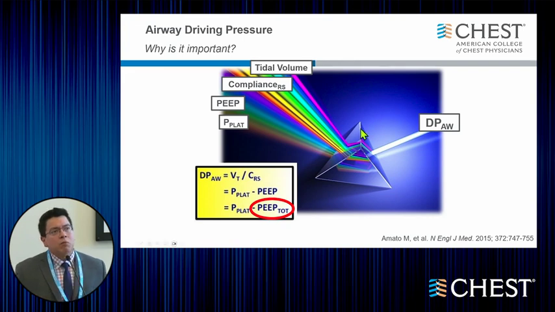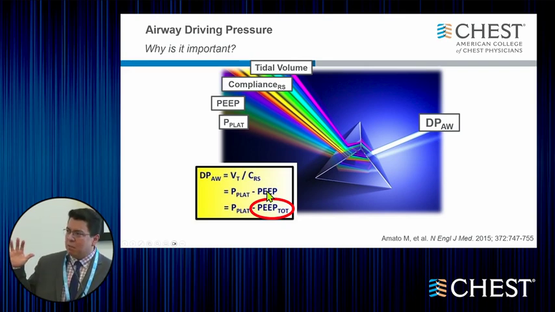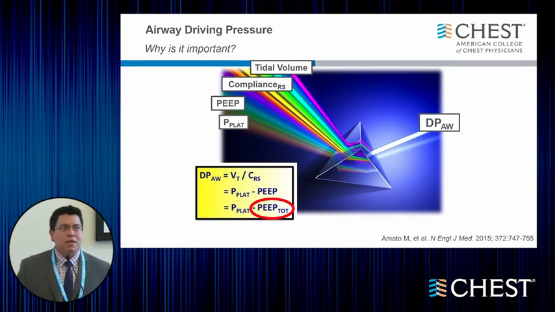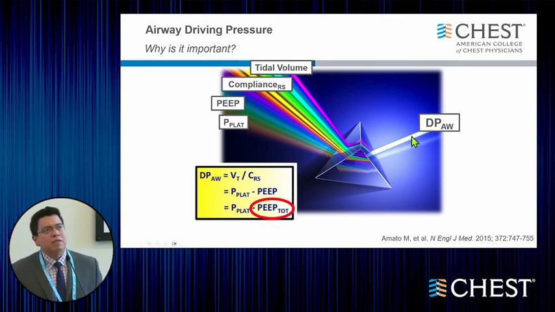And we know it at the bedside as plateau minus PEEP, but really what is behind it is a very significant amount of physiology. So the driving pressure is really integrating all the things that we pay attention to at the bedside. That includes tidal volume, respiratory system compliance, PEEP, and plateau.